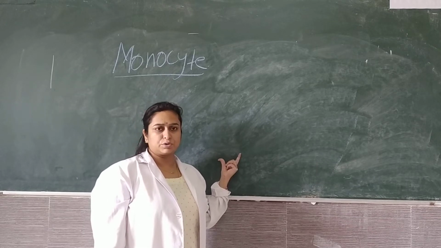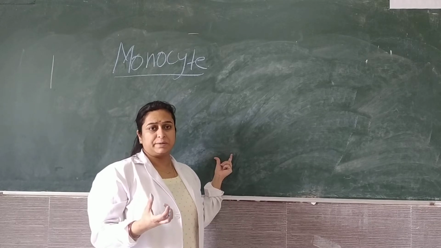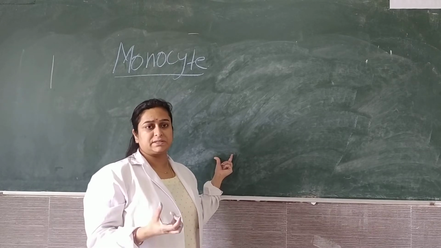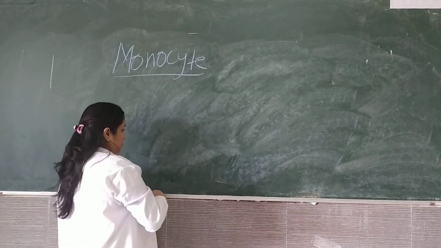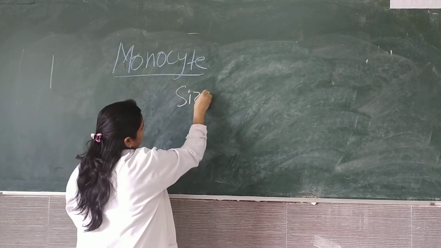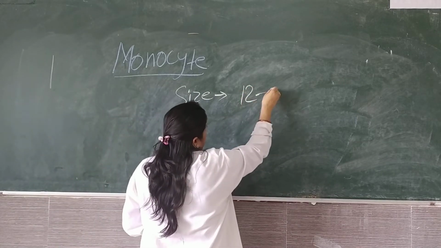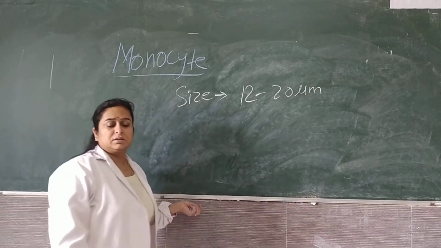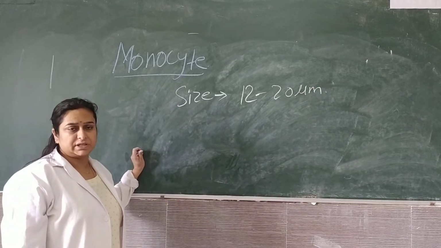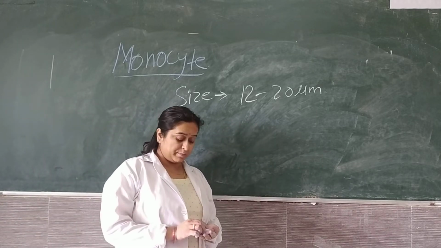Under the microscope, monocytes are very large cells, the biggest cell. The size of monocyte is between 12 to 20 micrometer. It's a huge cell, a bigger cell.